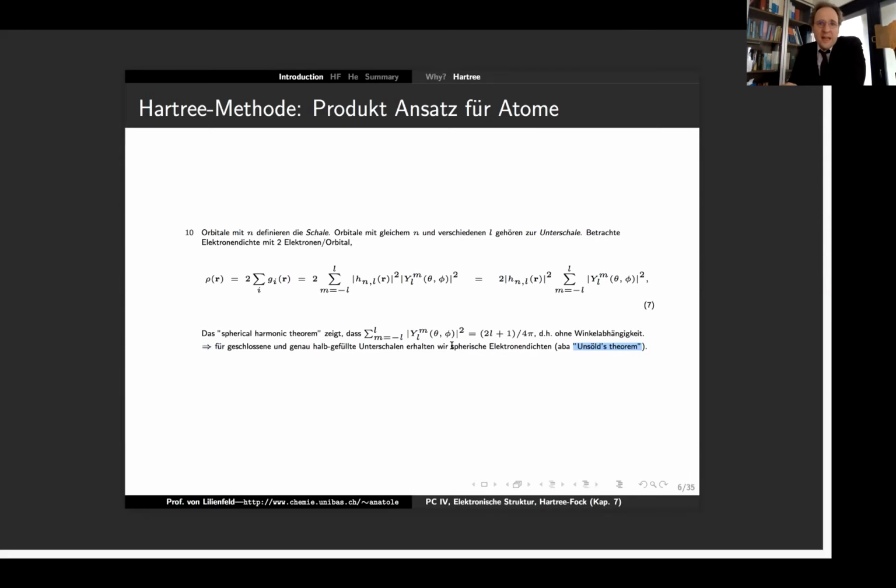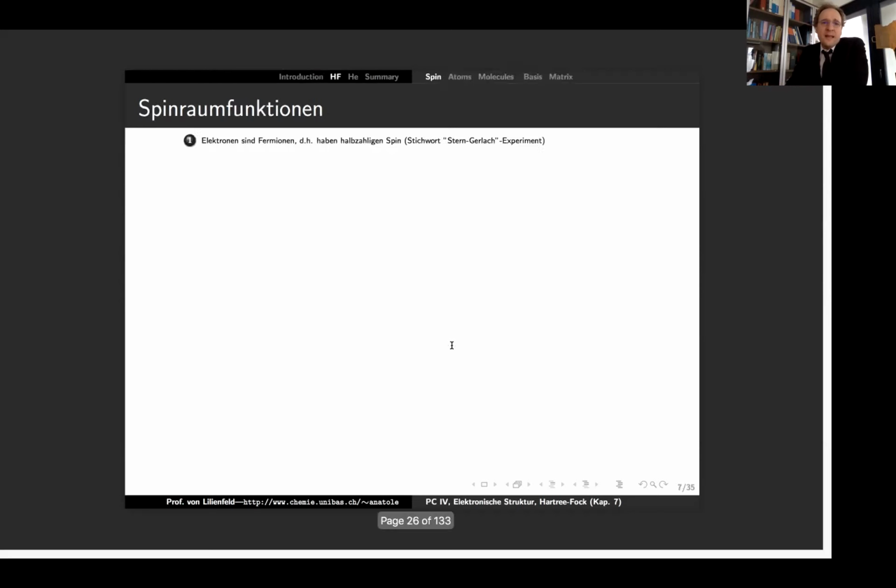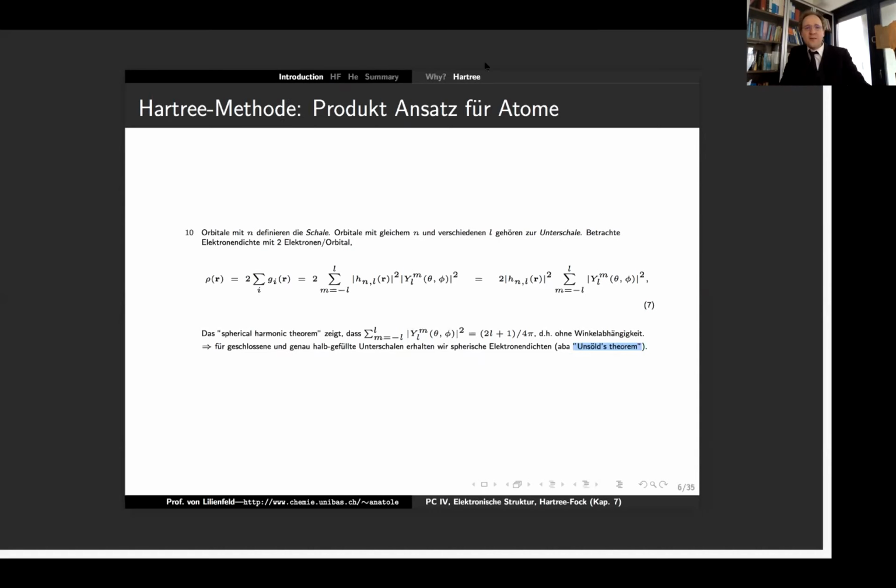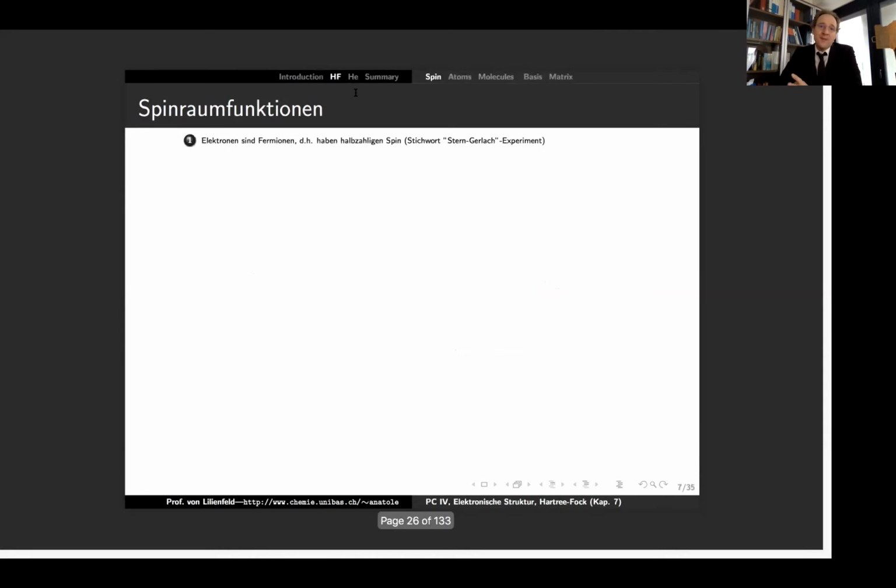This is the Hartree method, and this is the part of the introduction. In the next chapter, we'll see that this is not good enough. And maybe the main reason why this is not good enough is the spin of the electron. So what you really need to account for spin are the spin space functions.